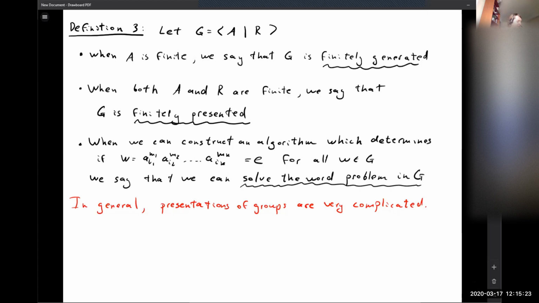Now, just to give you an example, this will be an example of a group where the word problem can actually be solved. Let's say, example 6 or something.